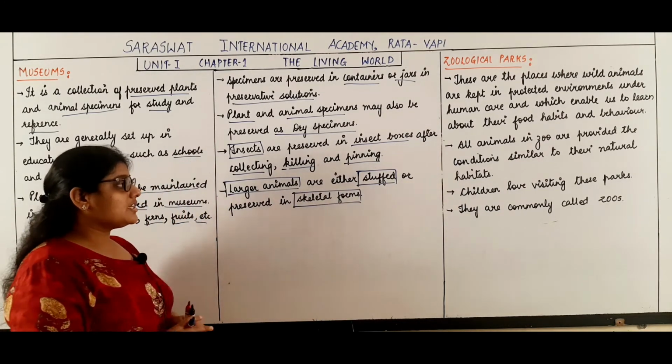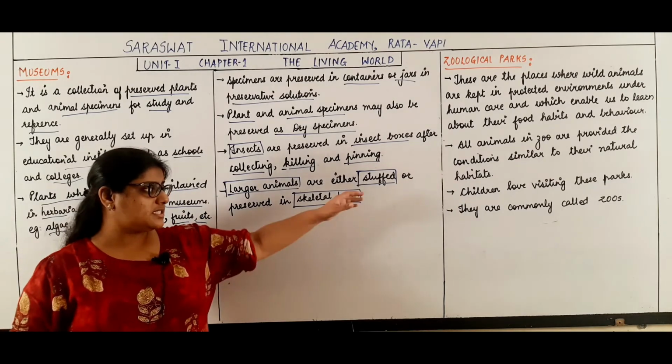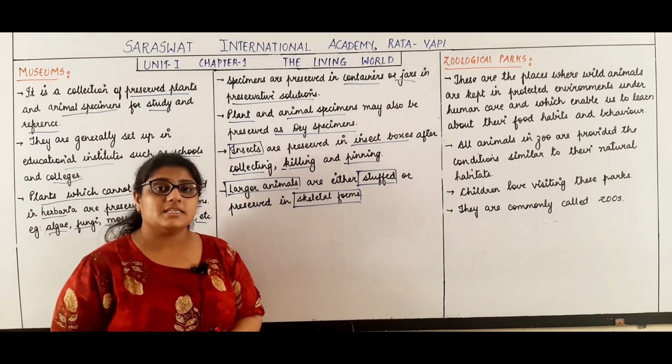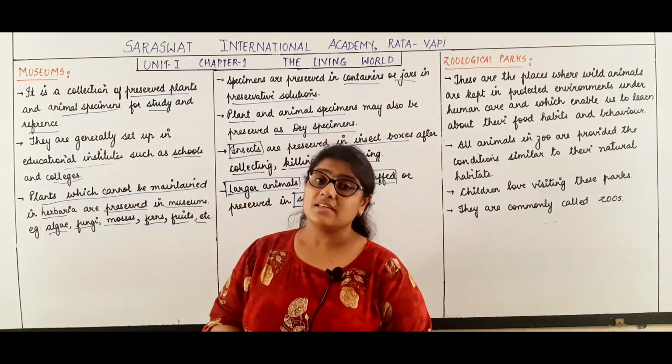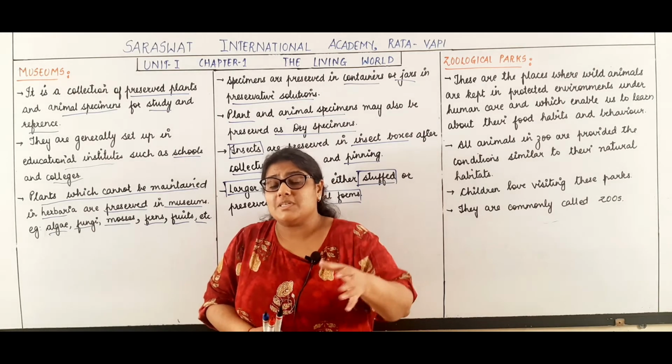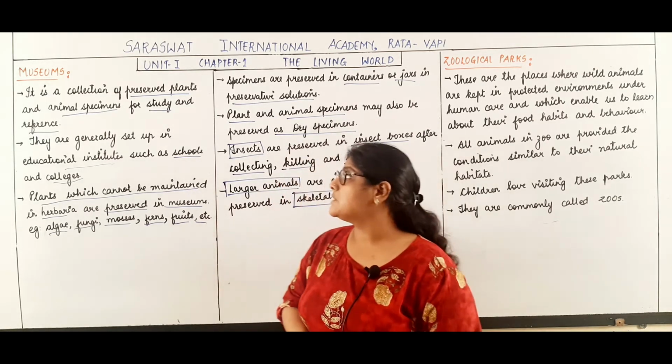So for larger animals, preservation is done by either stuffing them or in their skeletal form. So these are the ways in which the organisms or specimens are preserved in museum.